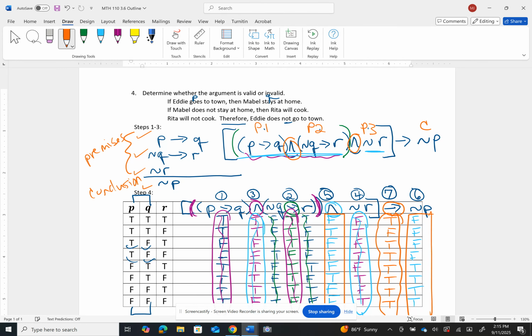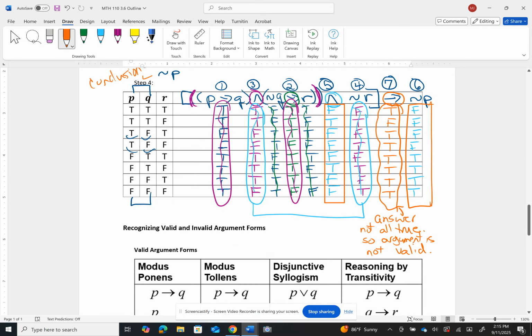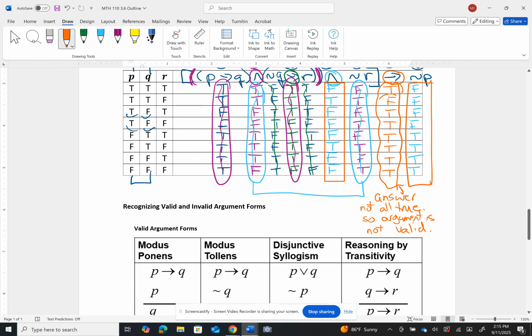That's the conclusion, and we always use the if-then between where we have the premises all hooked together and the conclusion. So that's really the new idea. And then doing the truth table you've done before, and you just need to recognize that if there's a false anywhere for any of the cases, then that means the argument is not valid.